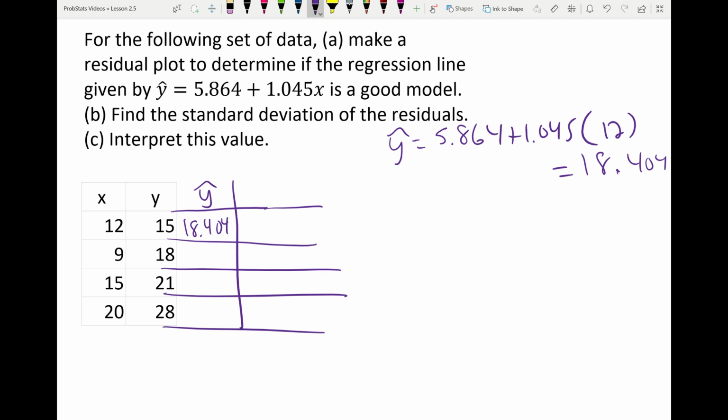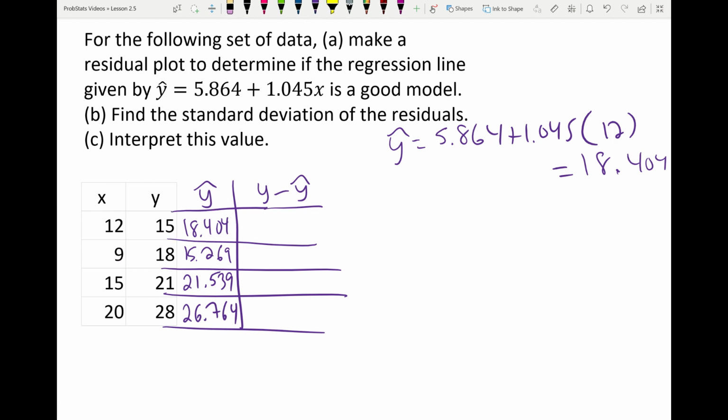So next we're at x equals 9. And we get 15.269. Next we're at x equals 15. 21.539. And lastly, we're at x equals 20. 26.764. So now we're going to do our residual, so y minus y-hat. So we're simply subtracting these two numbers.